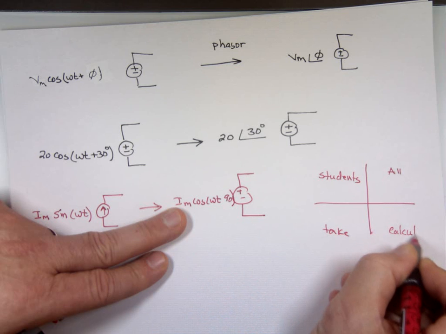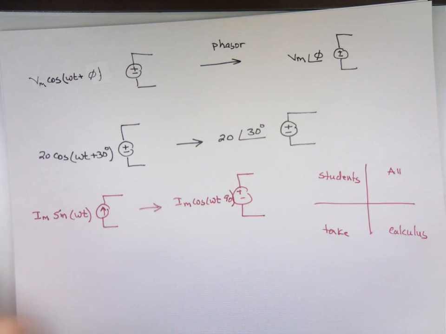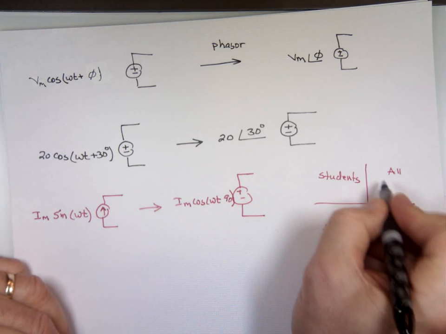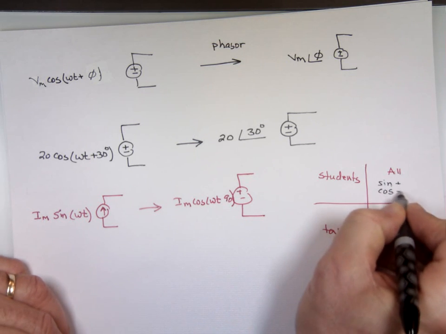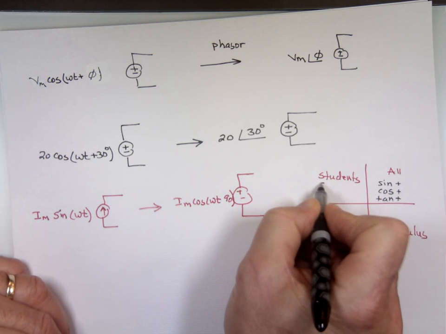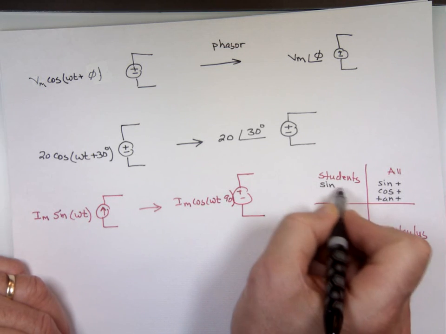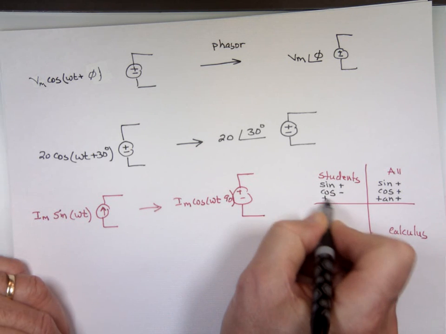Now remember, all students take calculus. Anyone knows what that means? Where the trig functions are positive, correct, yep. So in the first quadrant the sine is positive, the cosine is positive, the tangent is positive. Here only the sine is positive. Student begins with S here. Cosine is negative. The tangent is negative.